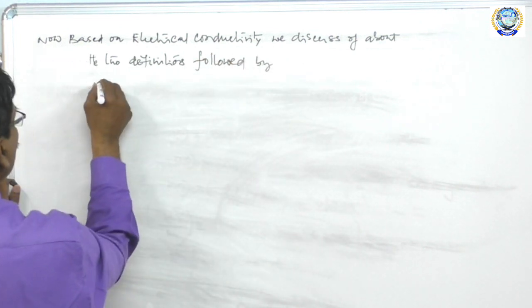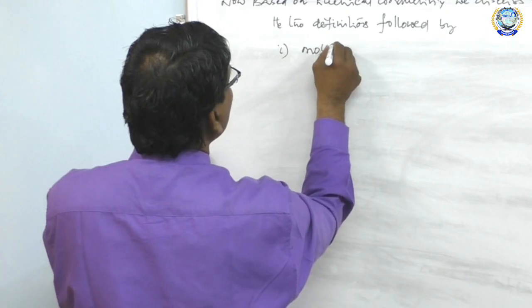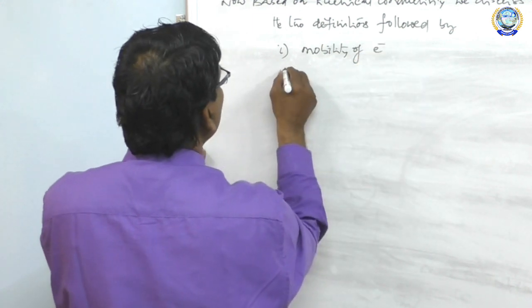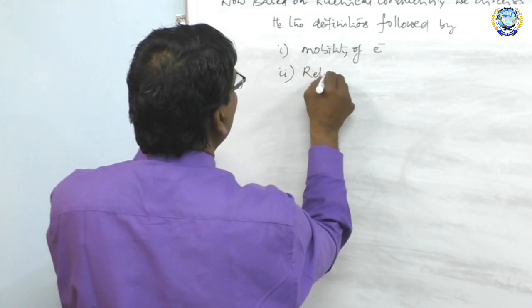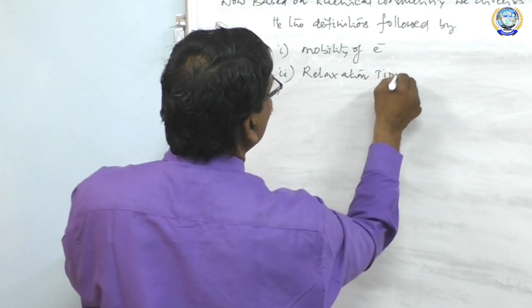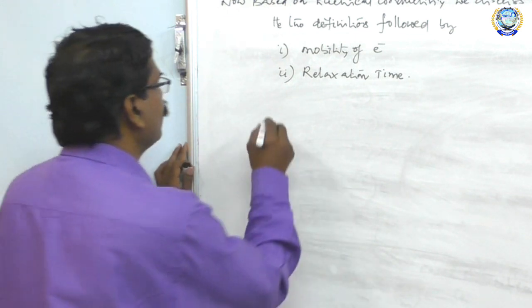Number one, mobility of electron. Number two, relaxation time. Let us discuss the first one, mobility of electron.